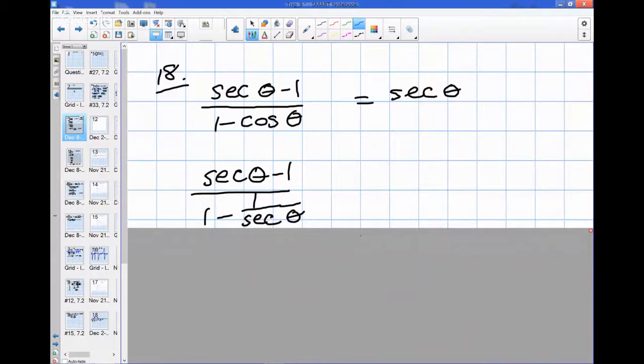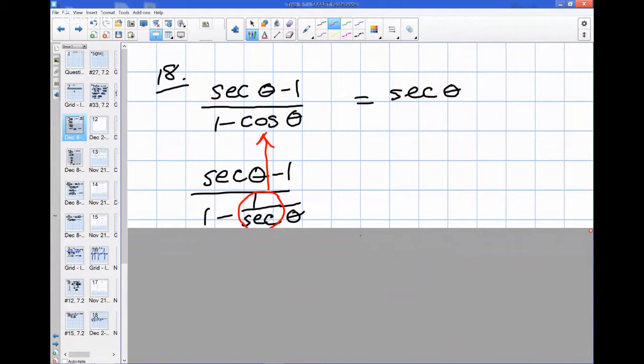Is there a way to change cosine into secant? And there is, because isn't cosine just the reciprocal of the secant? So do you see what I did in this first step is I substituted in a 1 over secant to replace the cosine that was in the original statement.